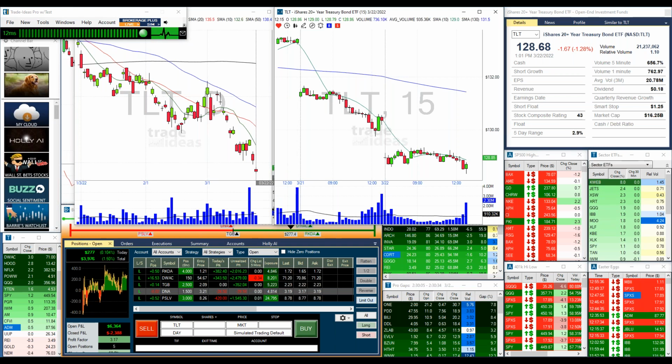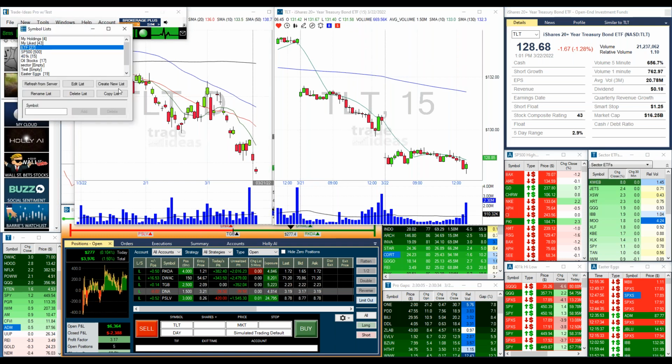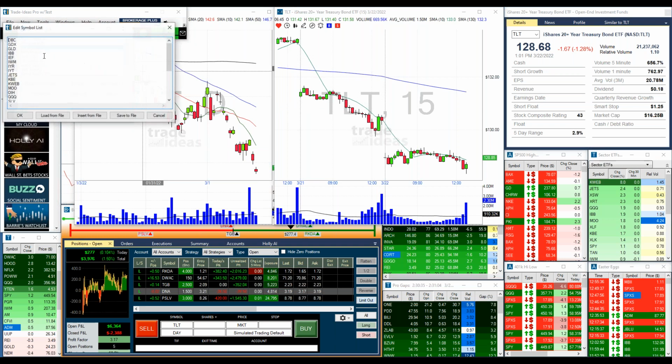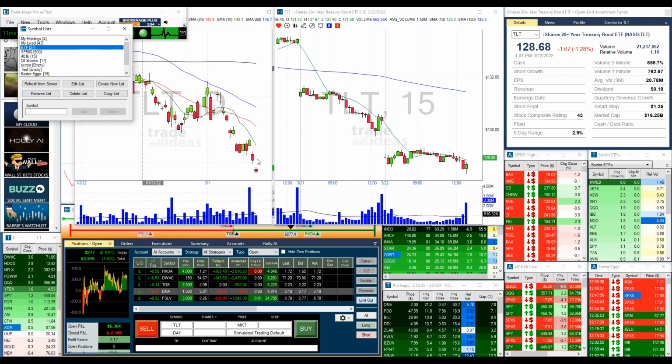Just pay attention real quick here, Martin and Randy. You're going to go to Tools. You're going to go to Symbol List. You're going to create a new list. You're going to call that list whatever you want. And then once that list is there, you just paste all those symbols or type them in all together. Hit OK. That's step one.